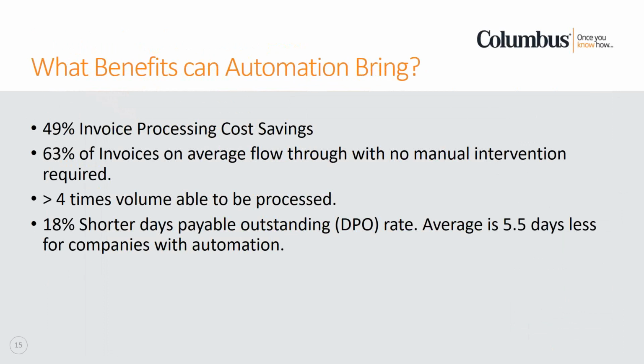That ability leads us to the next number, which is pretty tightly tied to that: 4 times the volume is able to be processed. I think that's directly related to being able to focus on the exceptions rather than the clean, normal, healthy processes that go through. And then 18% shorter days payable outstanding, 5.5 days less for companies with automation.